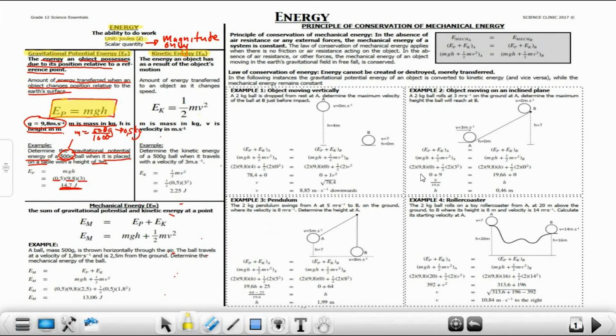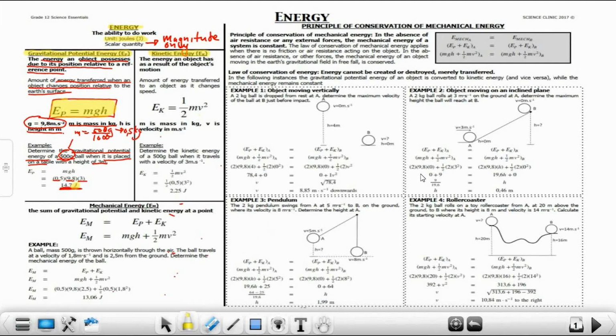The SI unit for energy is joules, and then we only write a capital letter J to give the correct SI unit for the energy that we calculate. But now, this is basically it with gravitational potential energy. But we have another energy that we also need to focus and look into.